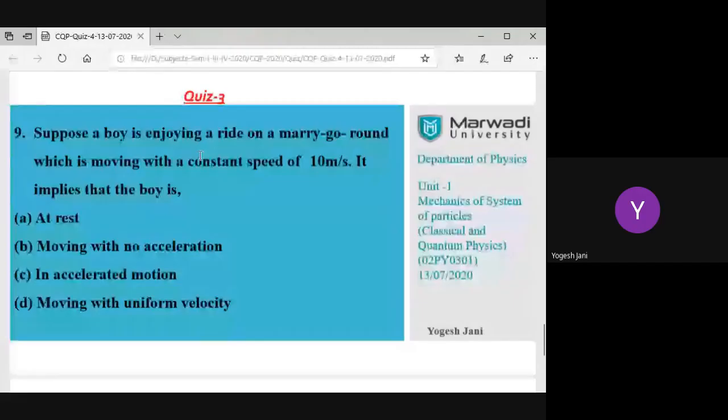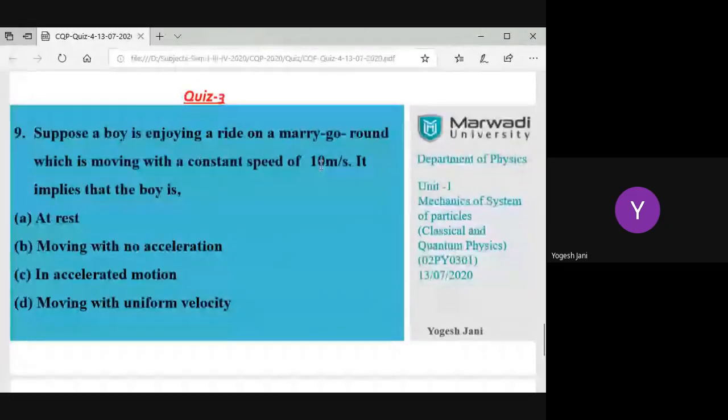Yes, correct. Definitely moving, around, definitely. So moving in a go-round, there will be something there. Okay, moving with a constant speed of 10 meters per second, but moving in a merry-go-round.